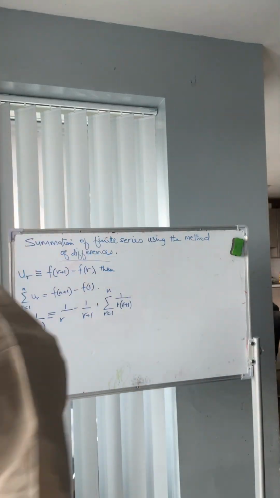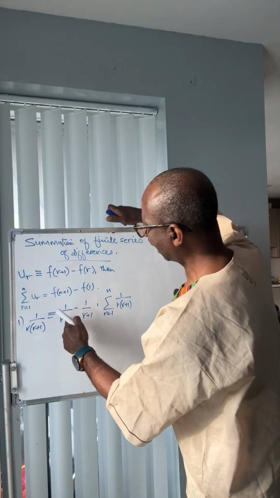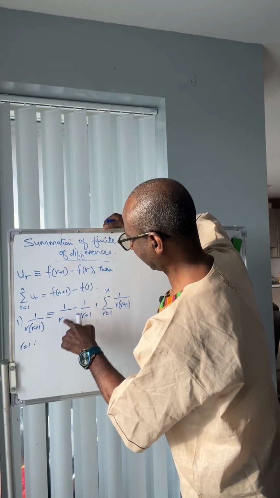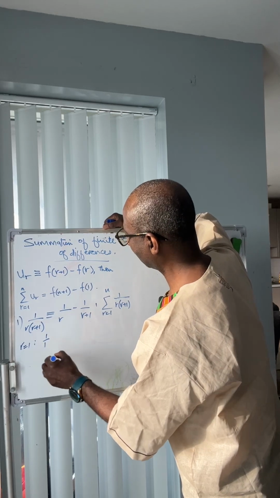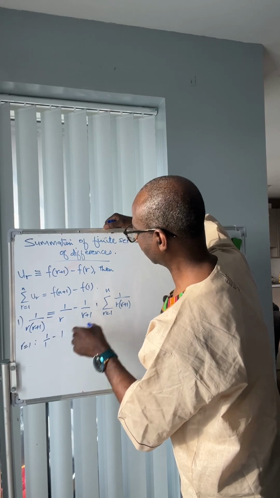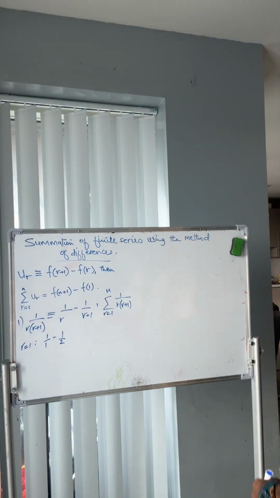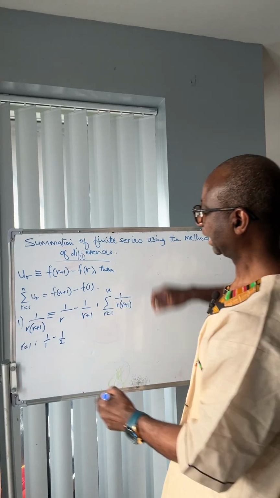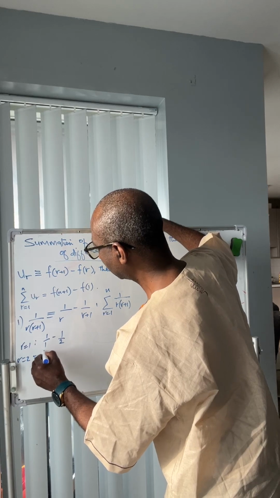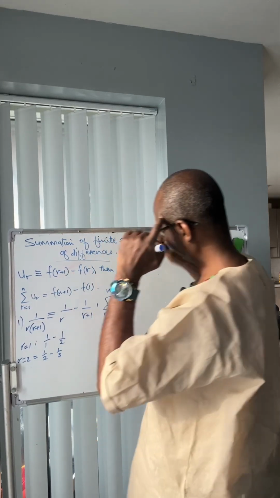If r equals 1, you will get 1 over 1 minus 1 over 2. That is when r equals 1. If r equals 2, you get 1 over 2 minus 1 over 3.